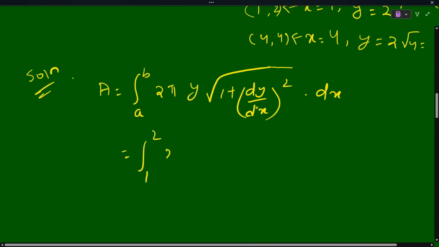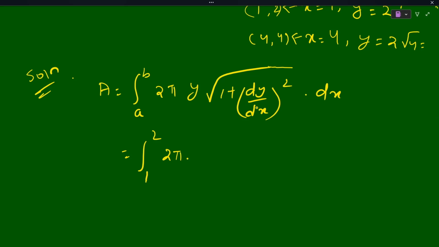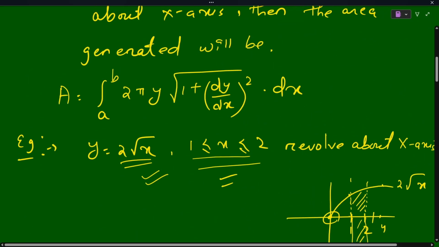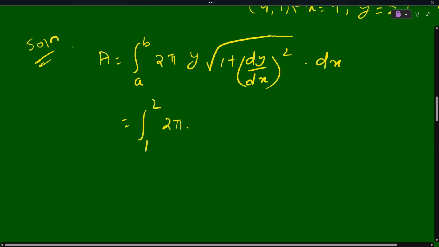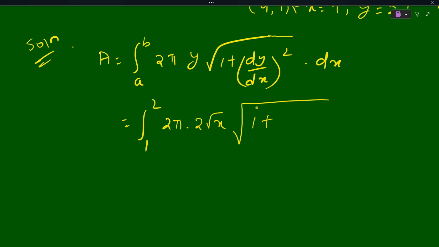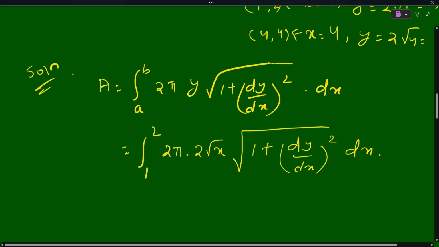The value of y is 2 root x, so I can substitute here. Then for 1 plus dy by dx, this term I don't know, so we have to find the derivative of y with respect to x. You would usually do this before setting up the solution, but let's do this here now.